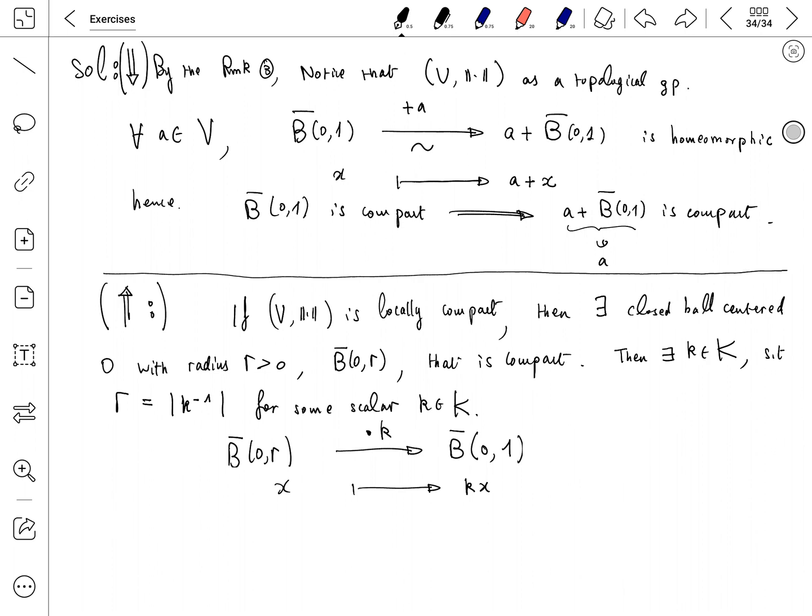As we remarked, this multiplication by the element K is a homeomorphism.